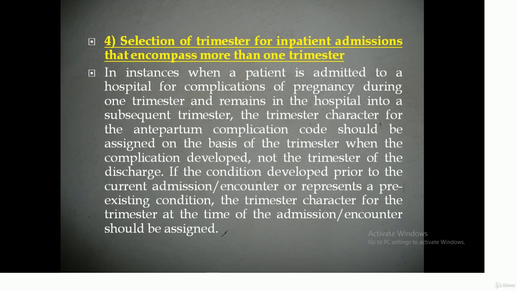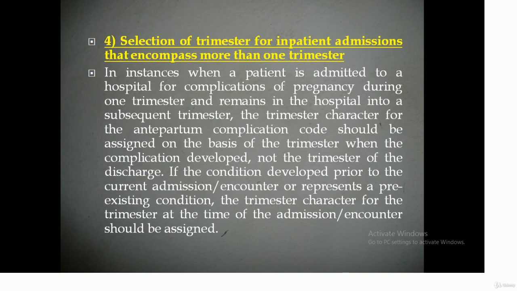So whenever a patient has a complication, we code the trimester she is in at the time of admission, like hypertension in the first trimester, and not the discharge time. If she is in the second trimester at discharge, we should not code the second trimester.